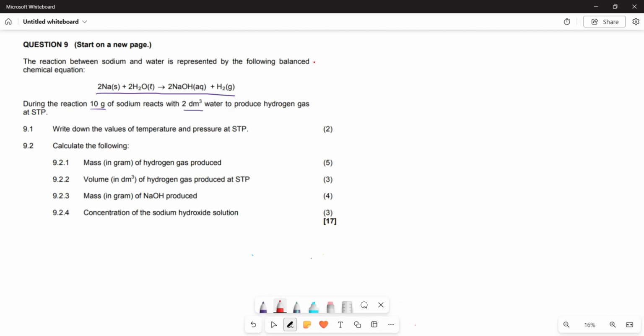The first question, 9.1, says write down the value of temperature and pressure at STP. Let's start here. Remember that STP represents standard temperature and pressure.